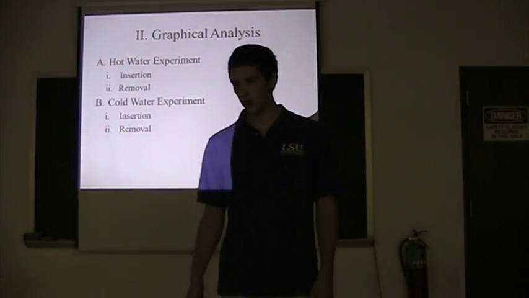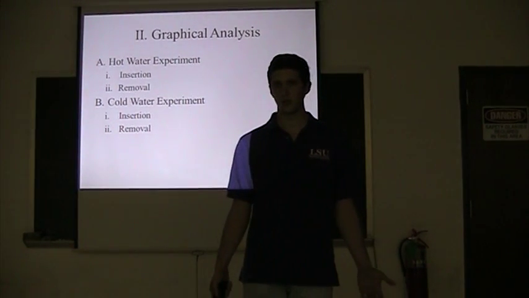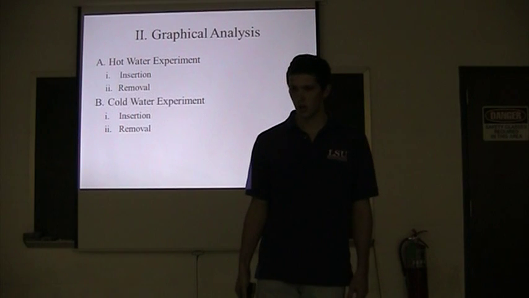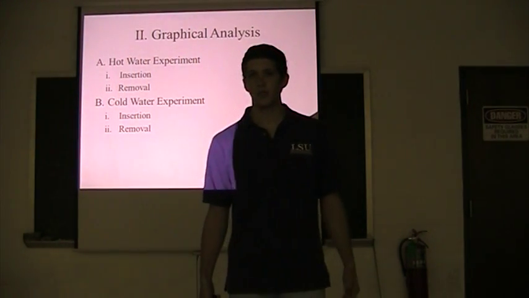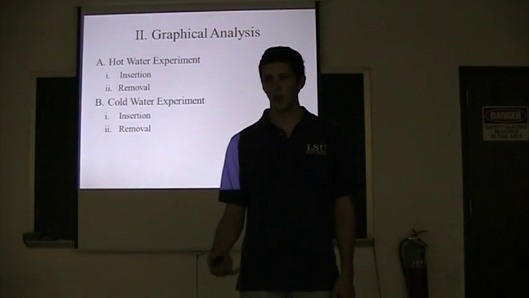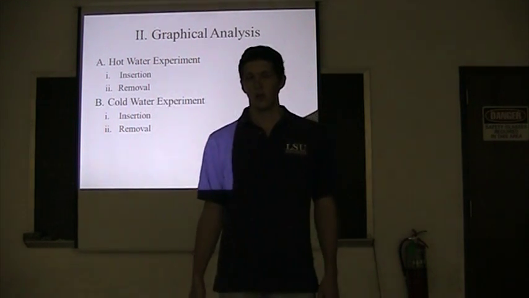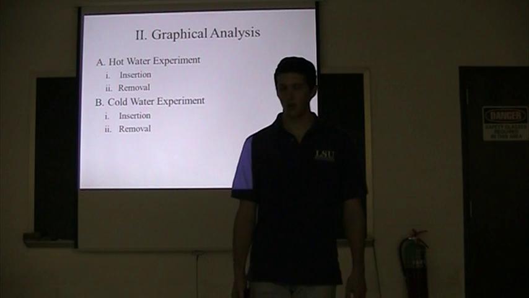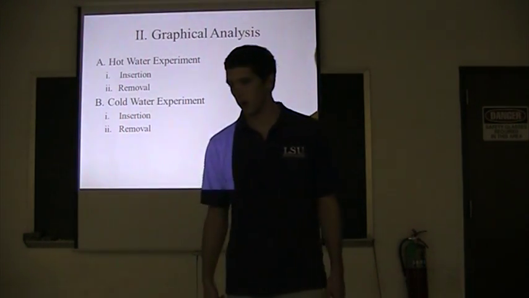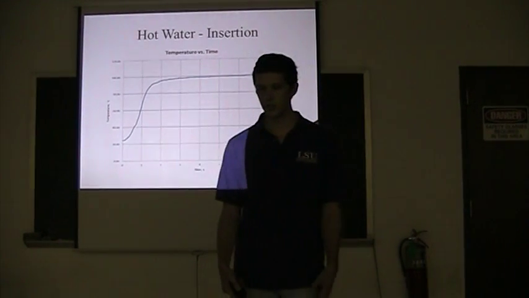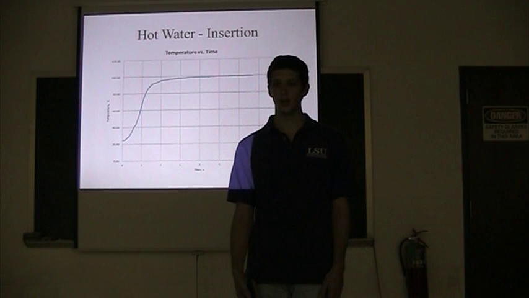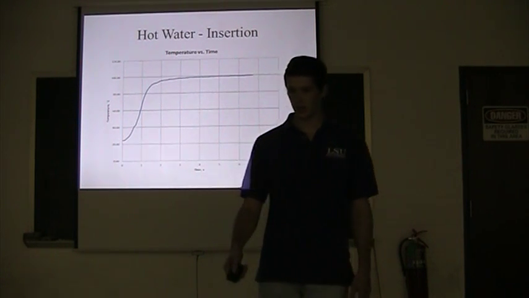So now, getting to graphical analysis, I have it in this order, starting with hot. I'm basically going to show everything with the hot water insertion and removal, and then use the cold water experiment to back it up. So this is just the raw data, and you can see exactly as I described.